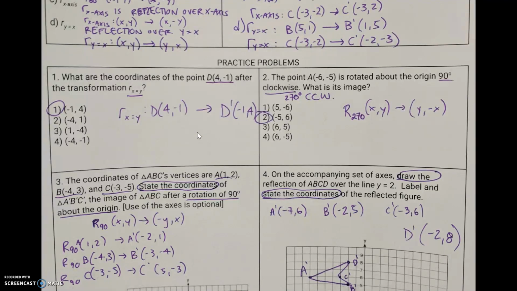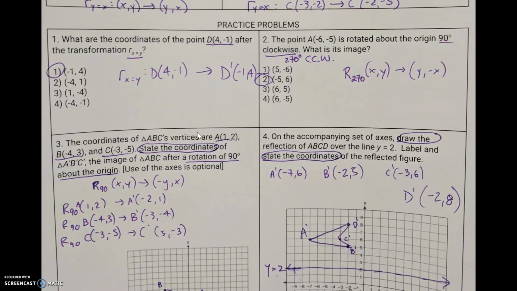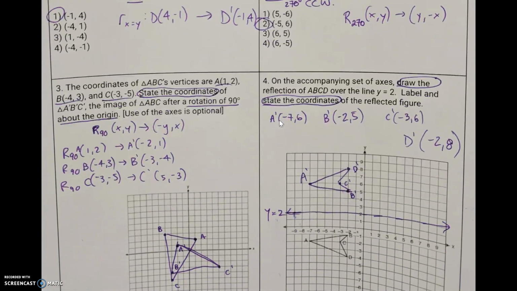For number 2, it asks you to rotate around the origin, but it asks you to do it 90 degrees clockwise. Folks in class were a little confused about that, but clockwise is the opposite of counterclockwise, so that means whatever this measure is, we're going to subtract it from 360 and make that measurement counterclockwise. The rule for counterclockwise is written here, and the correct answer is below.